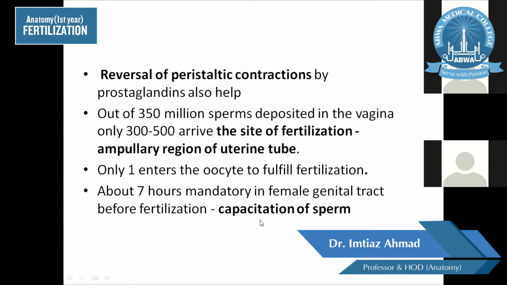So it takes 7 hours in the female genital tract before a sperm is able to fertilize the female egg. That event is known as the capacitation of the sperm.